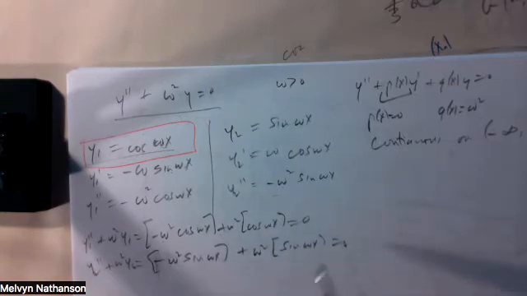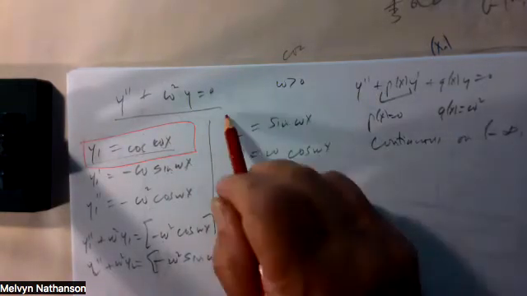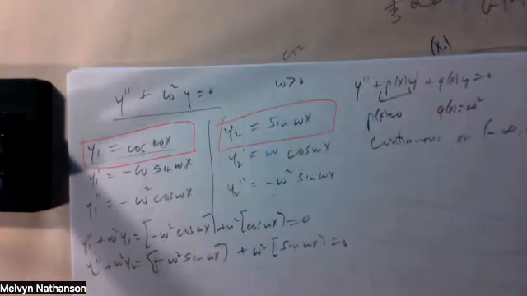Again, these cancel and I get 0. So y1 and y2, the cosine and the sine, are two solutions of this differential equation.